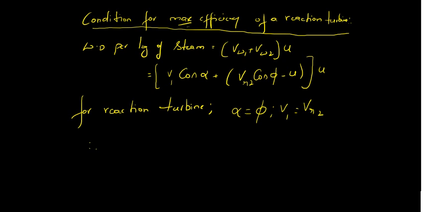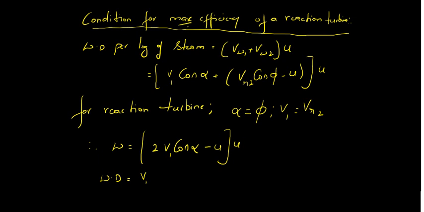Therefore, work done is given in terms of 2 times of V1 cos alpha minus U, whole multiplied by U, right? If I want to take V1 as the common, can I take V1 as common? Yes.